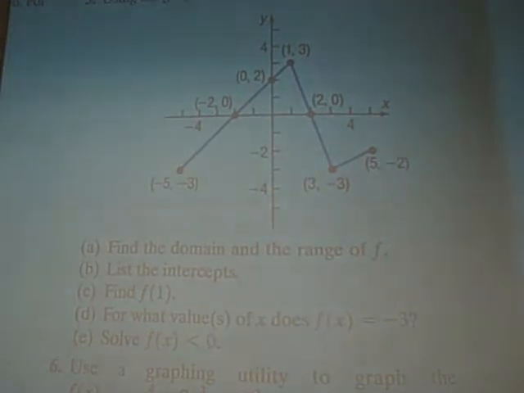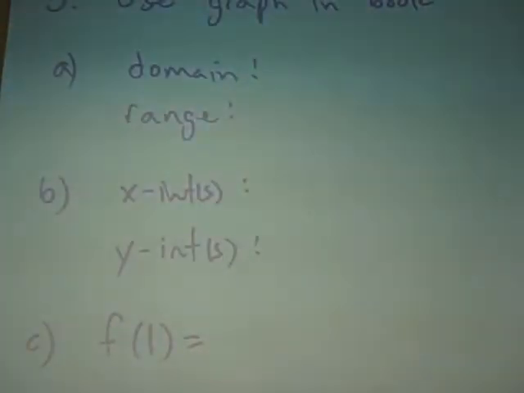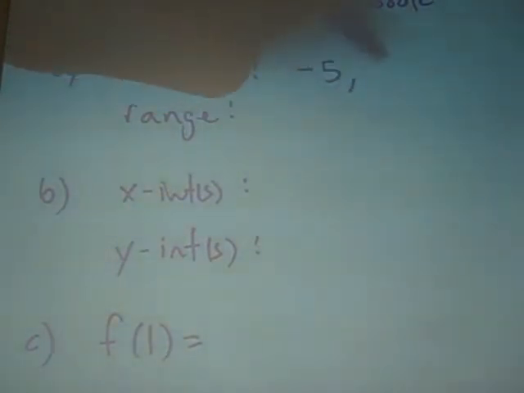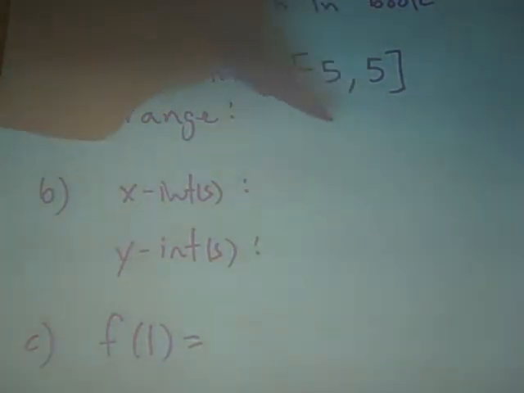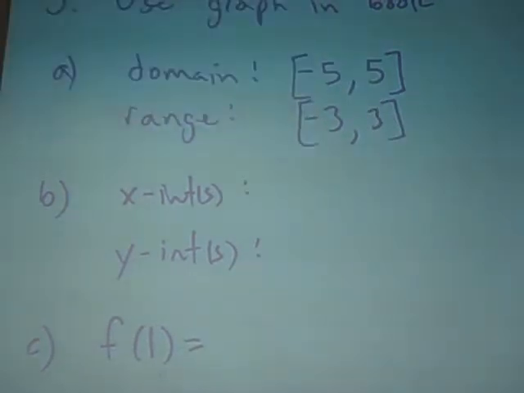In the range, we can get out everything from -3 to +3. So the domain is -5 to +5, including the endpoints. And then the same thing for the range, -3 to +3. The x-intercepts, -2, 0 and +2, 0.